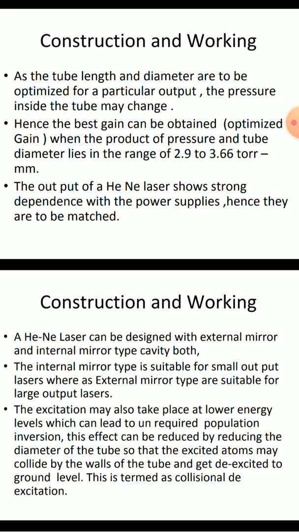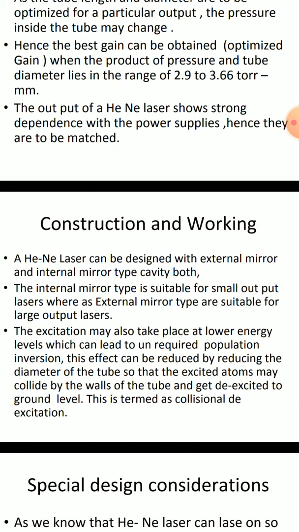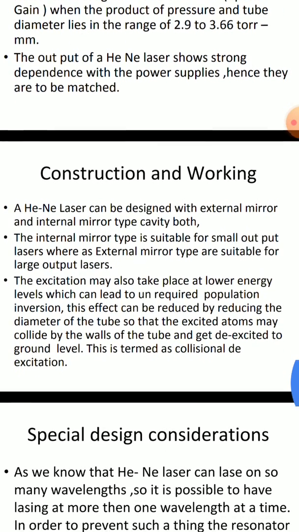The excitation may also take place at lower energy levels, which can lead to an unrequired population, as I discussed earlier, which may lead to unrequired population inversion. The effect can be reduced by reducing the diameter of the tube so that the excited atoms may collide with the walls of the tube and get de-excited to the ground level.